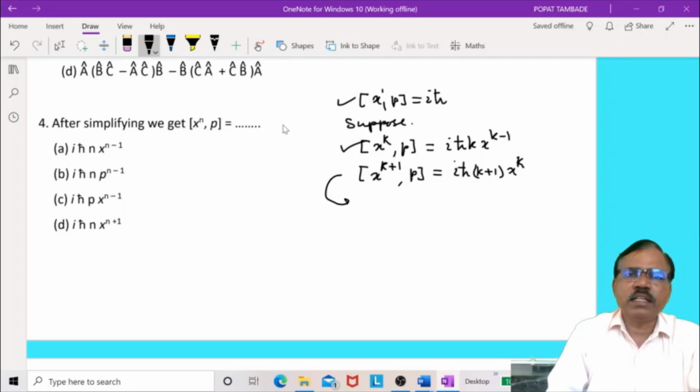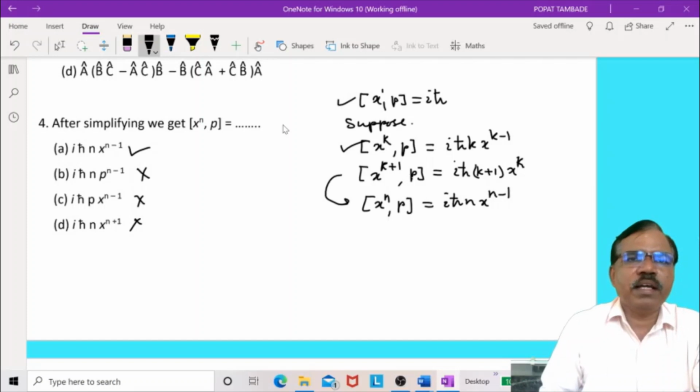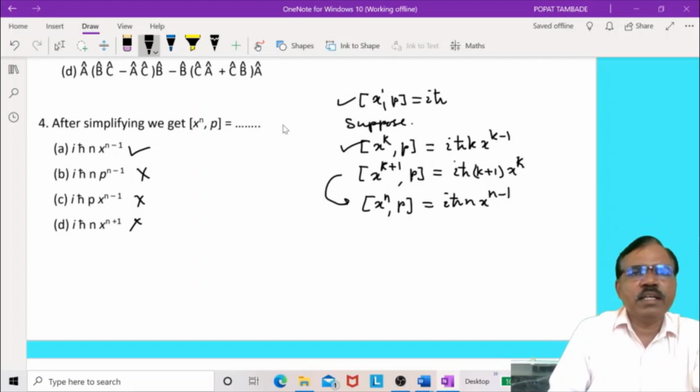Then in general we get the commutator bracket of x raised to n comma p is equal to i h bar n x raised to n minus 1. So here this first one is correct, this is not correct, this is not correct, this is not correct. So the commutator bracket of x raised to n comma p is equal to i h bar n x raised to n minus 1. This is true.